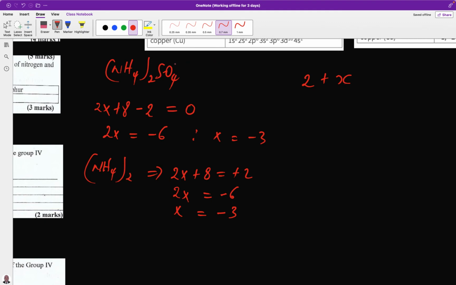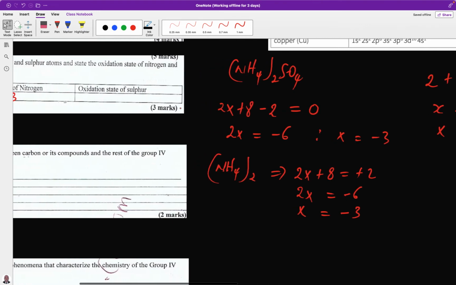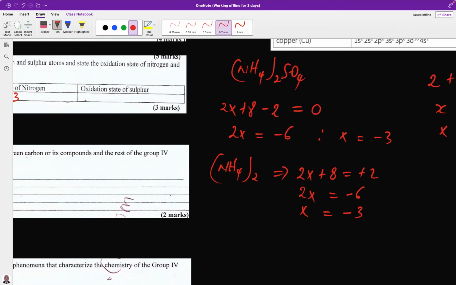Then oxygen is -2, so -2 times 4 is -8. We give it equals to 0. So 2 plus x minus 8 gives x minus 6, which is equal to 0. x now will be equal to +6. So we can now say that sulfur is +6.